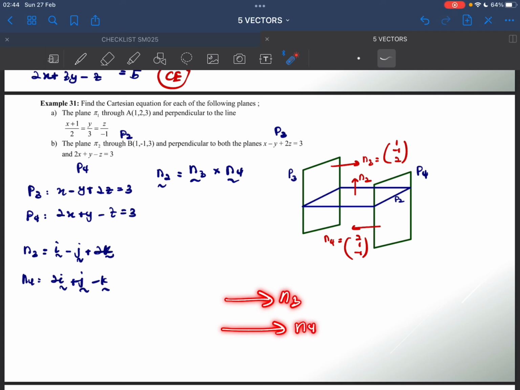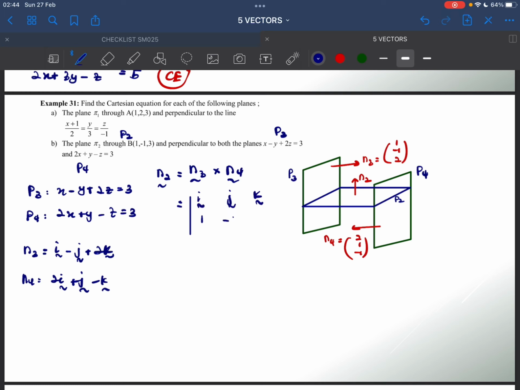The question is, we want to find the normal 2, which is perpendicular to these two vectors. So just apply your cross product here. We have i, j, k. Normal 3 is 1, -1, 2. Normal 4 is 2, 1, -1. So here you should get the answer, -i plus 5j plus 3k.